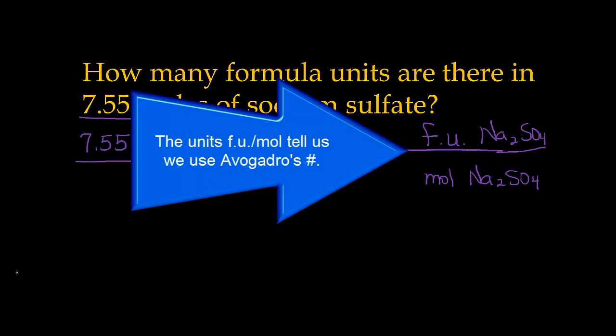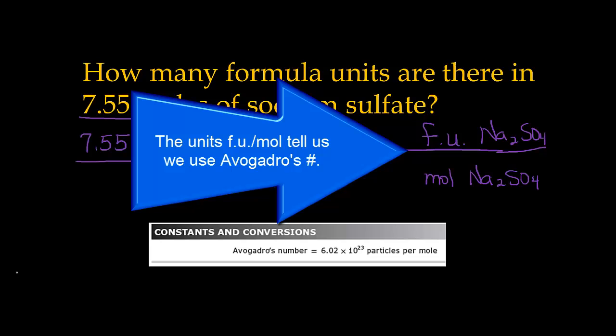Now if we look at these units right here, it will tell us what number we're going to put in here. So we have formula units per mole. That is the same thing as particles, by the way. A formula unit is the same thing as particles. So we are going to use Avogadro's number, which is 6.02 times 10 to the 23rd particles.